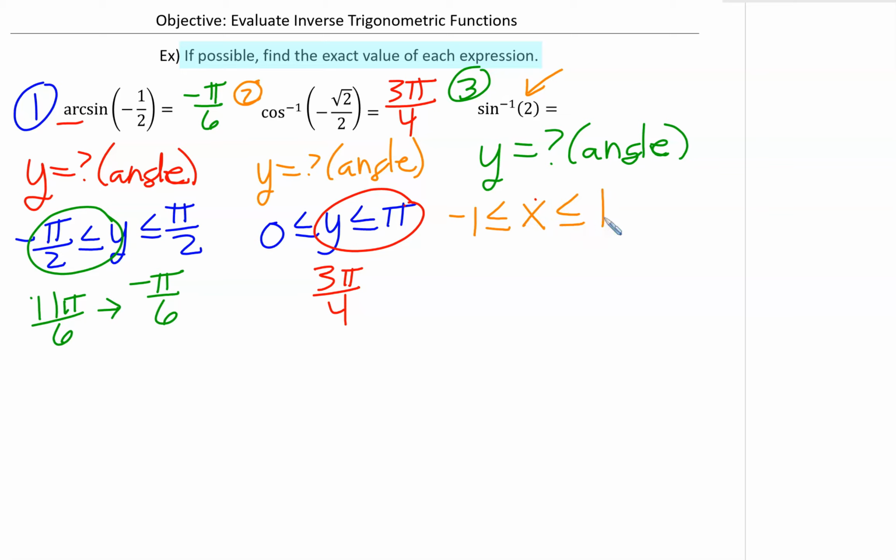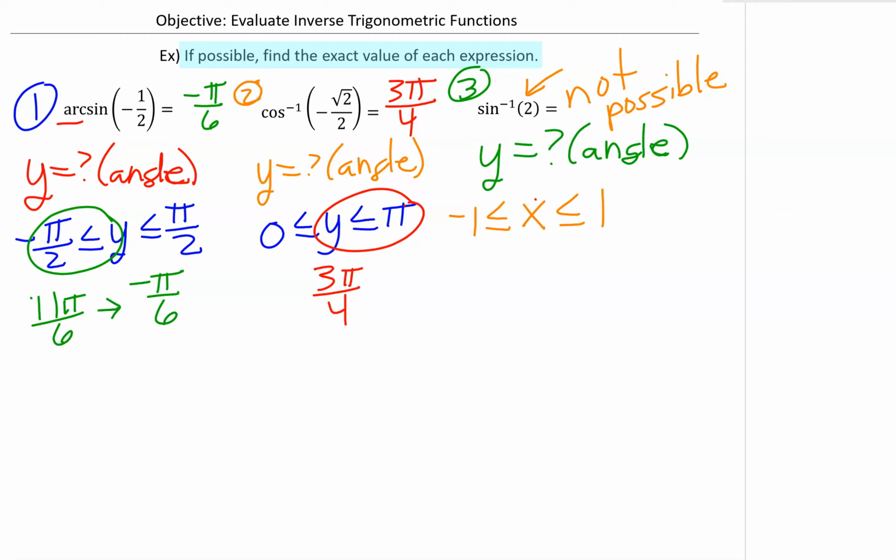It does not get any larger than that. So there is no way we should have a sine value of 2, which means this one is not possible, or you can say it doesn't exist. But it said, if possible, find the exact value, so I'm just going to say that one's not possible.